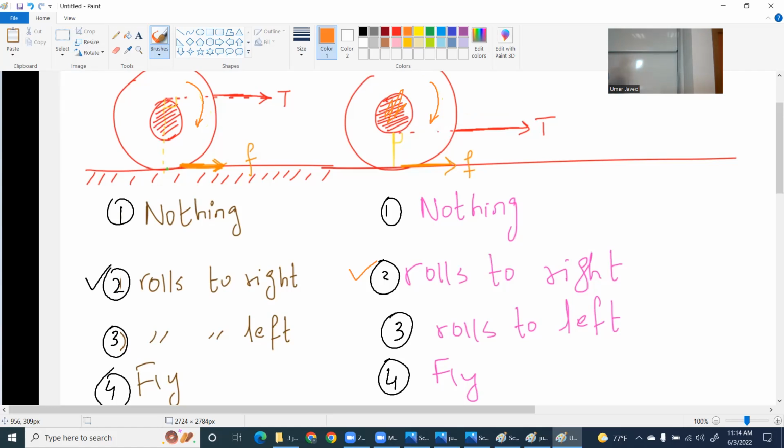But the whole object is solid. Even if we don't have that part, and let's say I have some physical thing from which I can pull this, even then it will go clockwise.